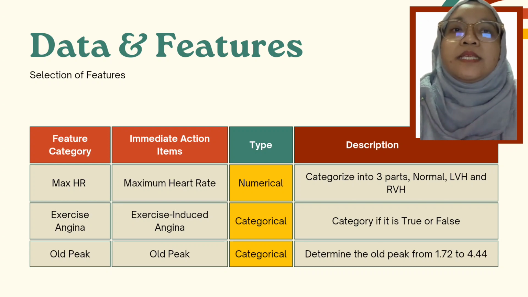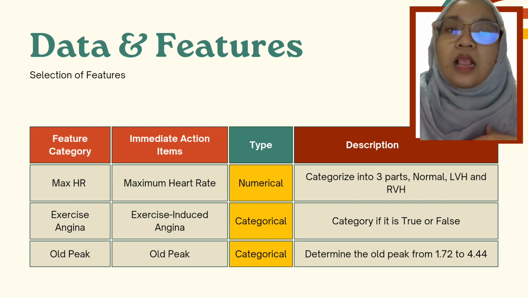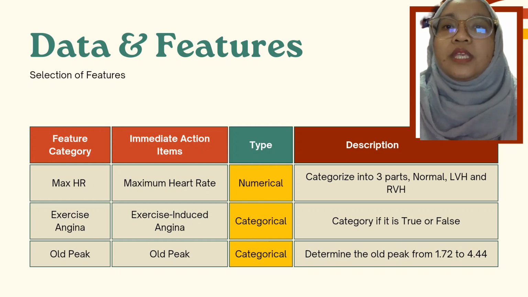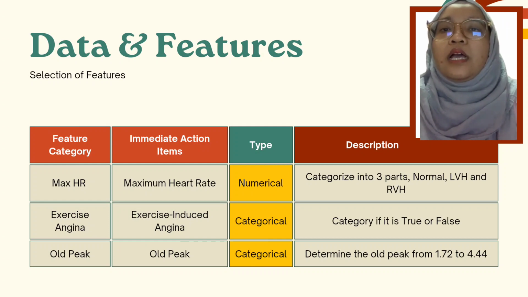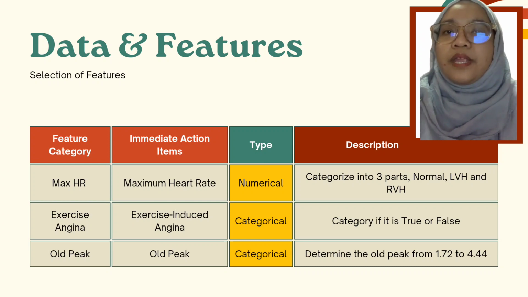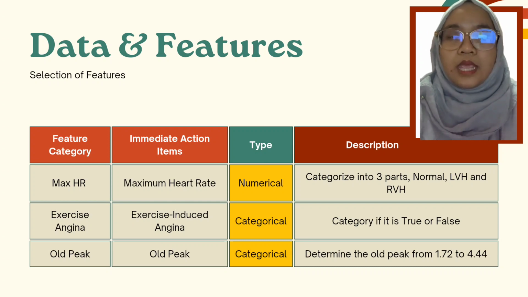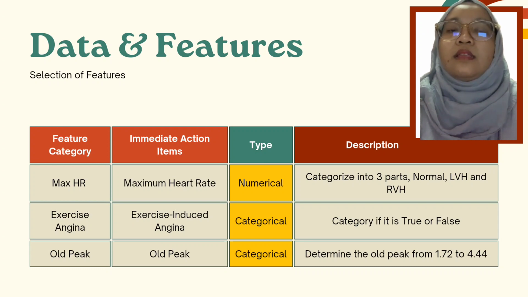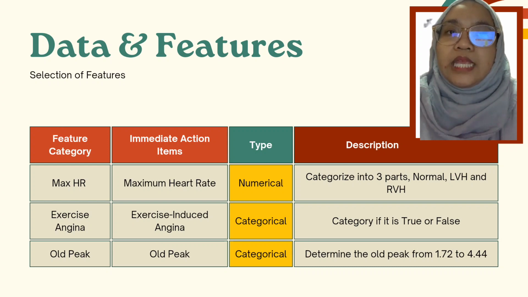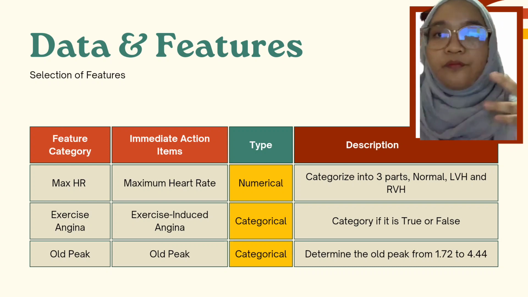For the description, it is categorized into 3 parts: normal, LVH, and RVH. Next, exercise angina, which is exercise-induced angina, and the type is categorical. For the description, the category is true or false.